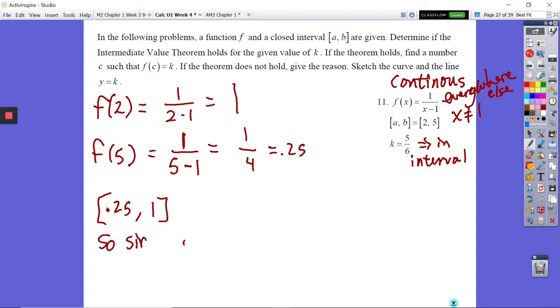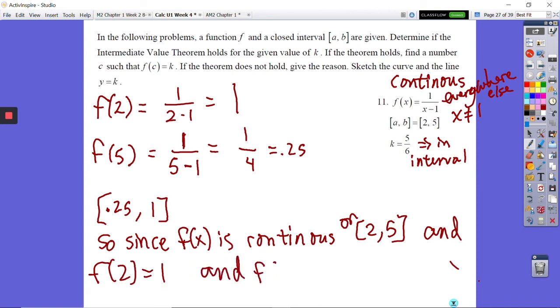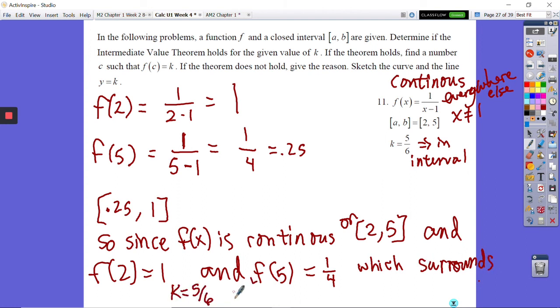So since f of x is continuous on the interval from 2 to 5, I'm just going to say on because it says closed interval from 2 to 5, and f of 2 equals 1 and f of 5 equals 1/4, which surrounds k equals 5/6, the IVT applies.